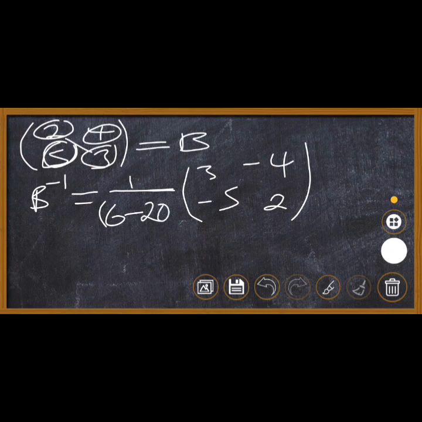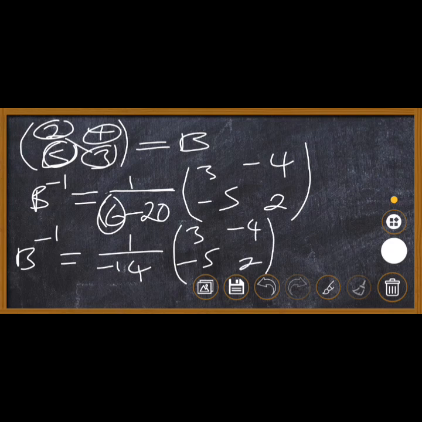So it's 1 over, in this case, 6 subtract 20, we are going to have what? Negative 14. Let me write that. Negative 14 here. So here you have 3, negative 5, negative 4, and 2. So this is the general concept behind it. You also multiply this throughout in here. So that is the inverse.